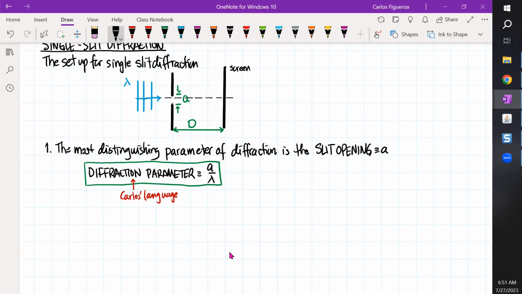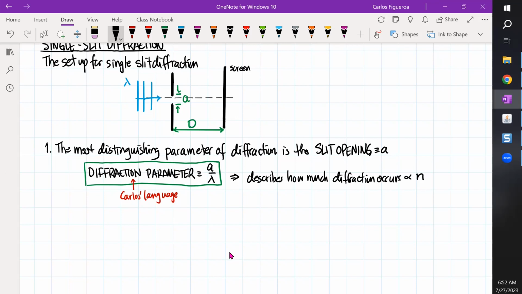As before, it describes how much diffraction occurs. And this is also proportional to the m value, but I'm going to separate the language and call it n, which is the number of minimas.